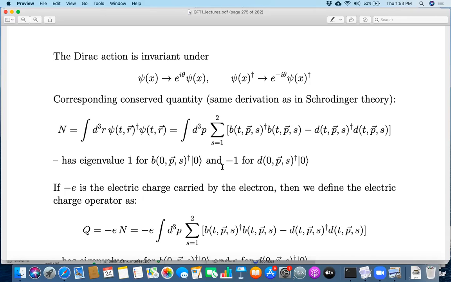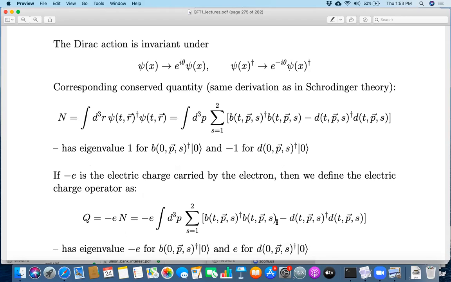In particular, if minus e denotes the electric charge carried by the electron, then we'll define the electric charge operator as minus e times N, which takes the form minus e times integral d cube p times b dagger b minus d dagger d. And so now this charge Q has eigenvalue minus e for the states b dagger on the vacuum and plus e for the states d dagger on the vacuum.